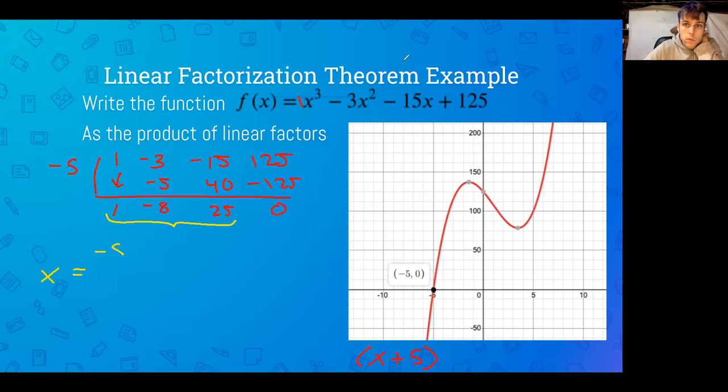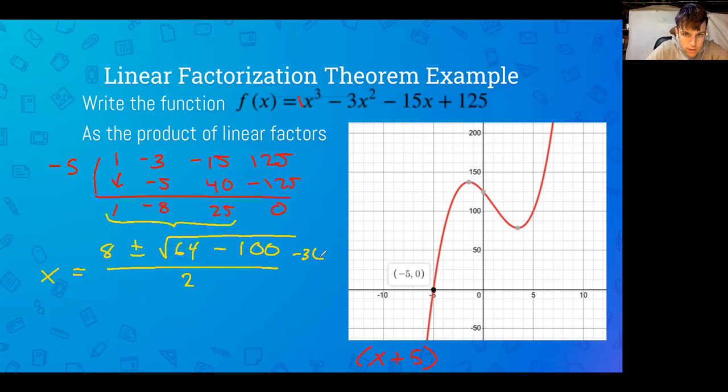The opposite of b, plus or minus the square root of b squared minus 4 times 1 times 25, so that's minus 100, all over 2a. Right here we get -36 when I do 64 minus 100. So this is going to be x equals 8 plus or minus 6i over 2.